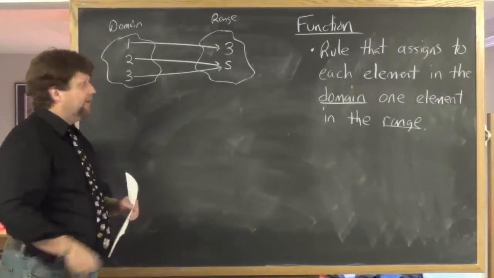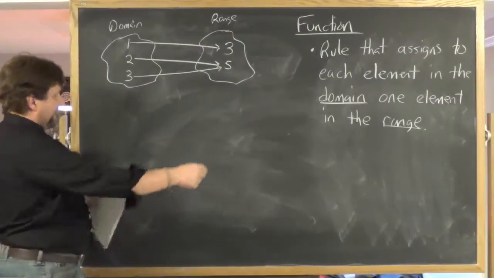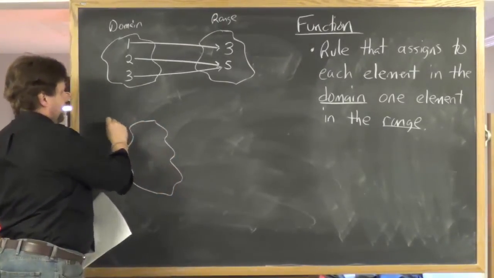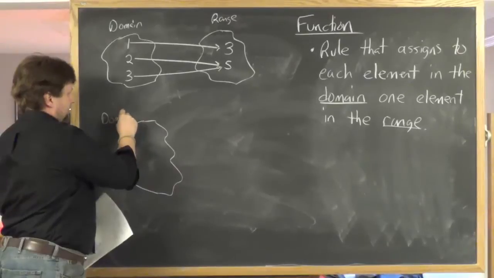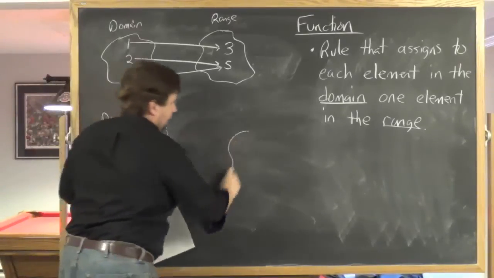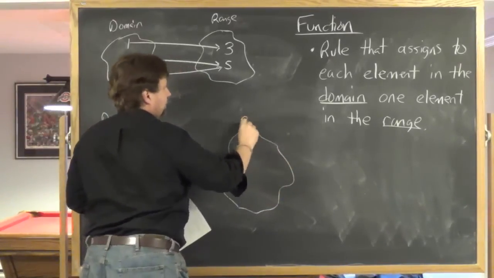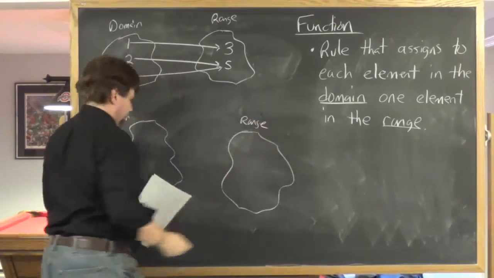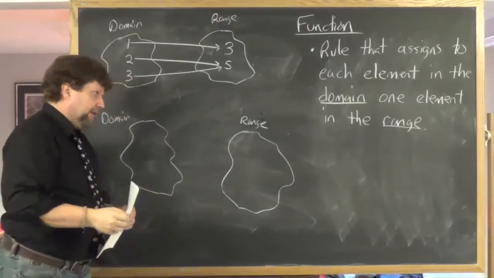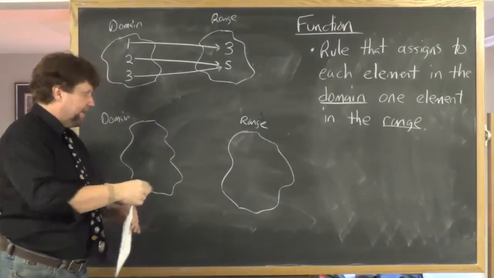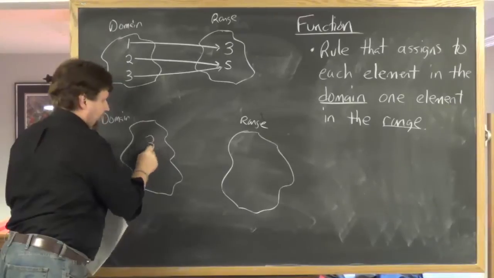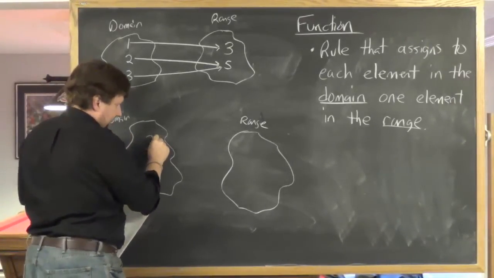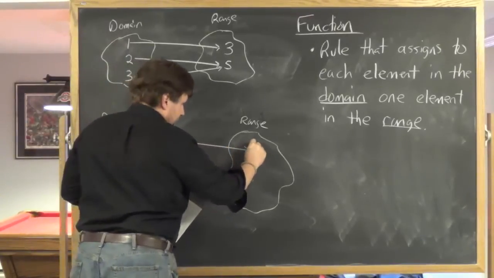I want to compare this to the following blob diagram. Let me get another blob up here. This is the domain. And here's a blob I'll call the range. So let's say something exists that's taking the number 3, something that's in the domain, and sending it over here to the number 1.